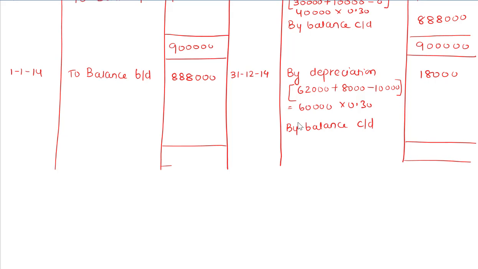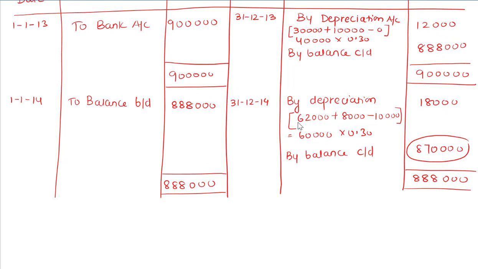By balance carried down, it is 888,000 minus 18,000, it is 8 lakh 70,000.